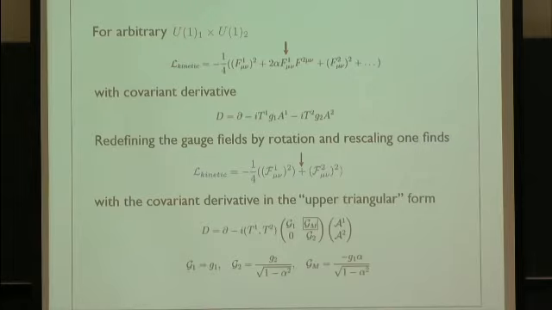However, as you scale down, you have to worry about it. General for U1 cross U1, you have mixing. You have the covariant derivative, which is diagonal. However, you can scale away by rotations and rescaling. You can make it such that there is no kinetic mixing, but then the covariant derivative gets a mixing. It just never goes away. So we have to deal with this mixing here. We'd like it to vanish.